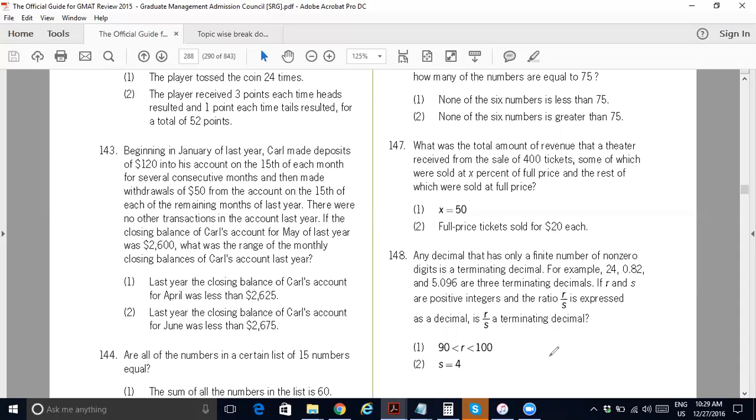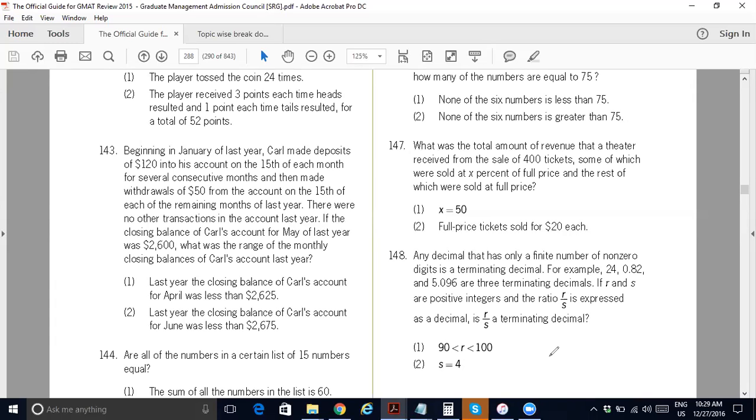Now the point is, you may give an example, S is equal to 28. What will be the answer? S is equal to 28, which is 7 times 4, so it's not necessarily a non-terminating decimal. The answer will be E. Why E?